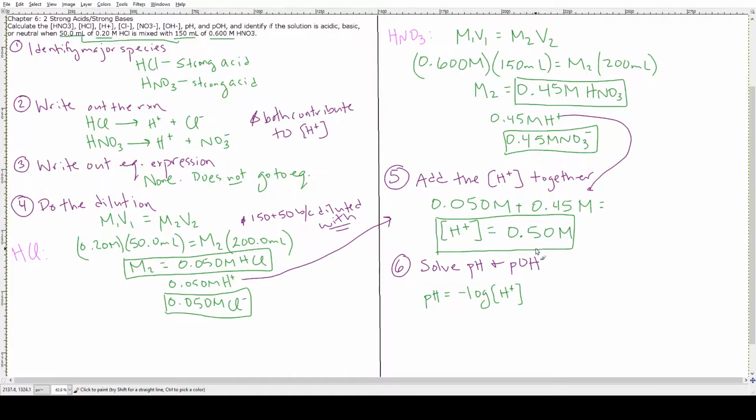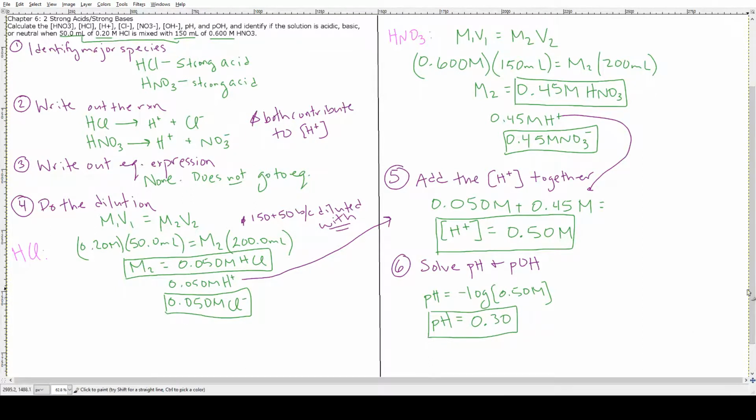So I'll plug in 0.50 molarity. Okay, so the pH, sorry if you can hear those sirens, it's really noisy out there today, is 0.30. Wow, that's a really low number. So box that.